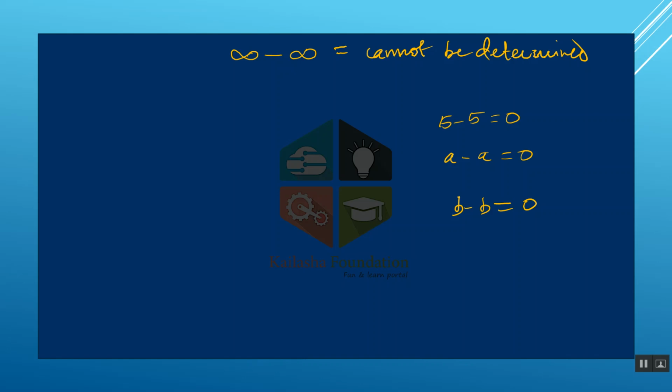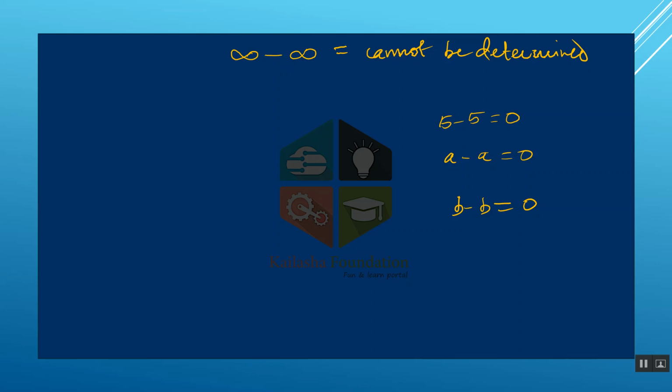If 5,000 rupees is infinity for him, then 5 lakh is obviously infinity. Now you tell me, infinity minus infinity is what? 5,000 minus 5 lakh, or 5 lakh minus 5,000, or 5,000 minus 5,000. Every time you get a different answer, then how can you be so sure that infinity minus infinity is zero? It is not definite, so it cannot be determined.